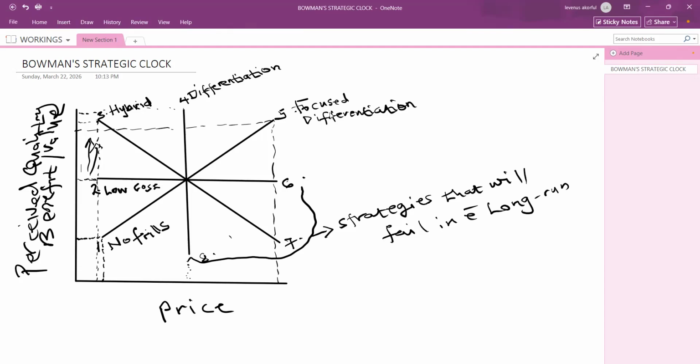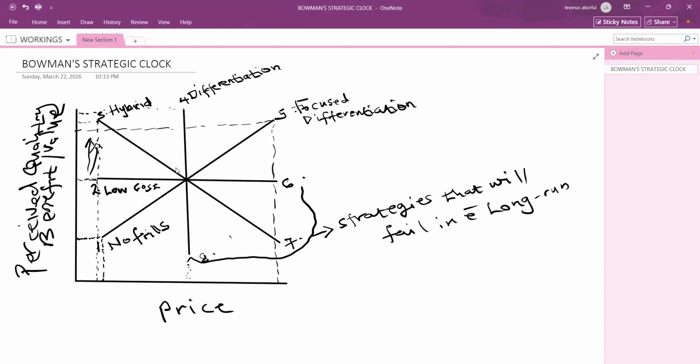Focused differentiation. And this is also a strategy, a combination of price and perceived quality or benefit or value, that Bowman said when employed, you will gain competitive advantage over your competitors.